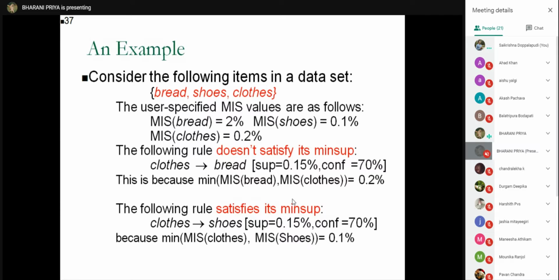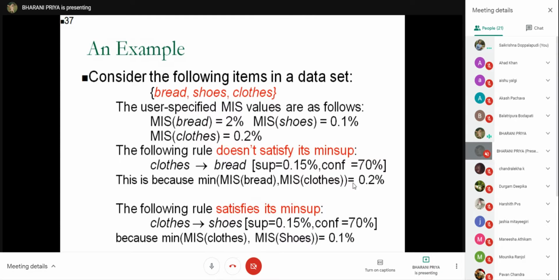No, in this example they have not considered the data set. They have just given 0.2. See, MIS values are just for support. Support we are taking as minimum. In the previous examples also we are taking only 30%, right?